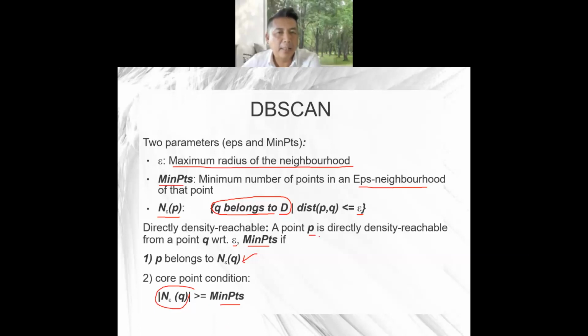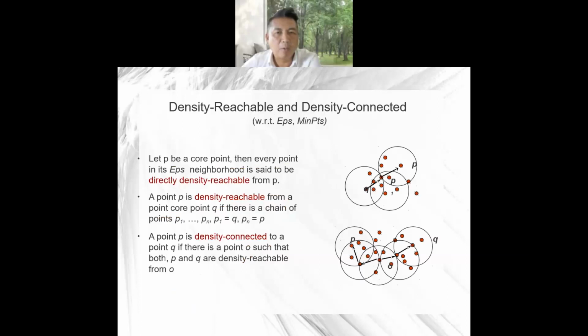Okay, so let me describe what it means. Looking at directly density reachable, let's look at this P. This is core, because based on our example, the minimum number of points will be 4, so we have 1, 2, 3.